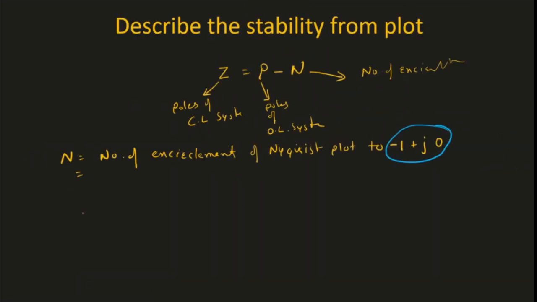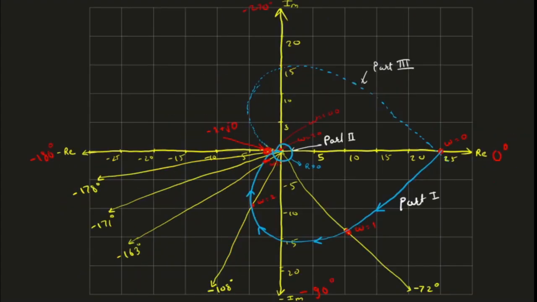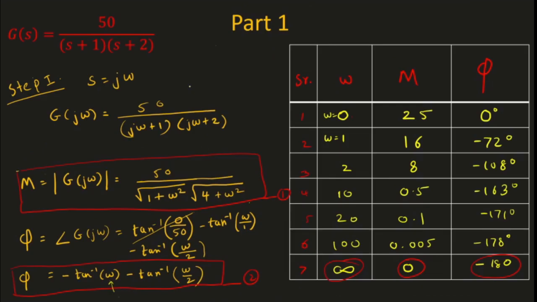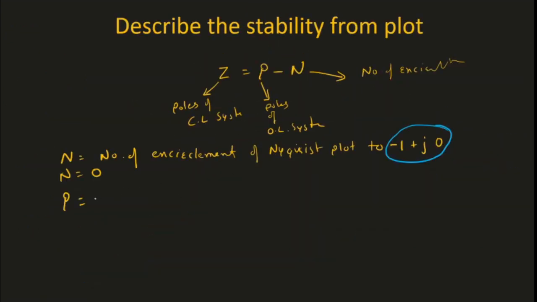So the value of n is 0 for this. So what is the value of p? P is the poles of the open loop system which are in the right hand plane. So our transfer function is here, and both the poles are on the left hand side. So there is no pole on the right hand side. That means the value of p is again 0. So the value of z, that is p minus n, that is 0 minus 0, equals 0.